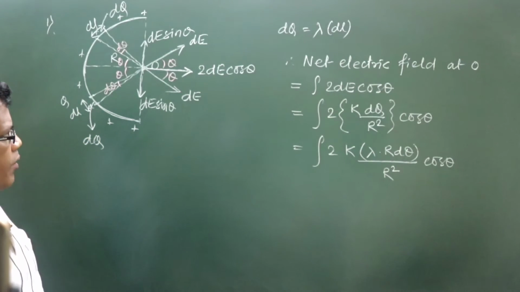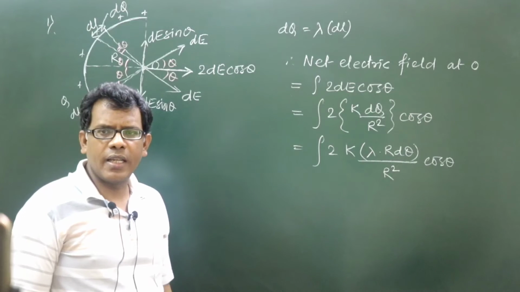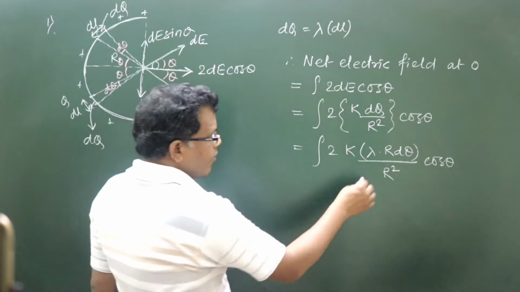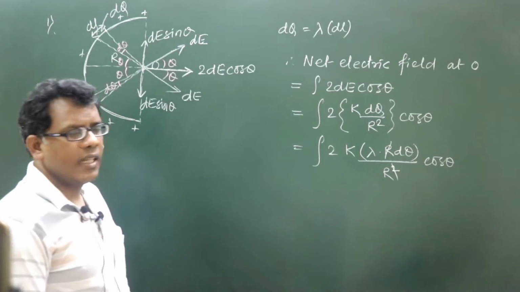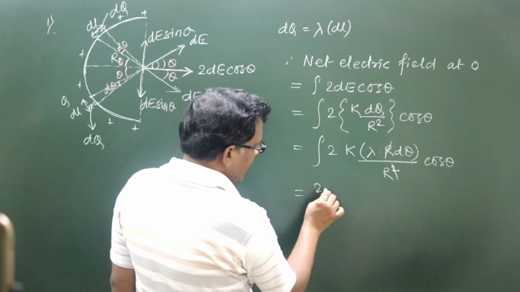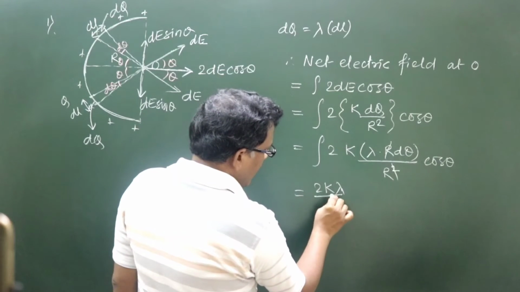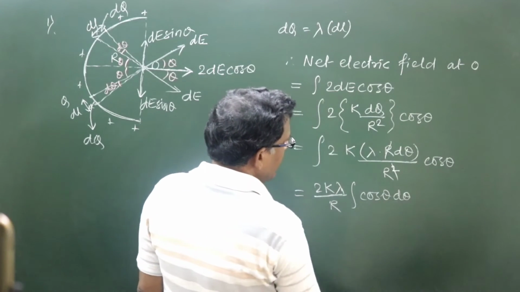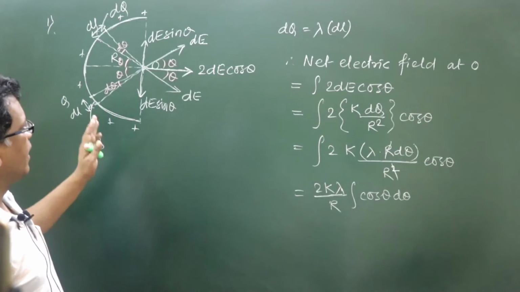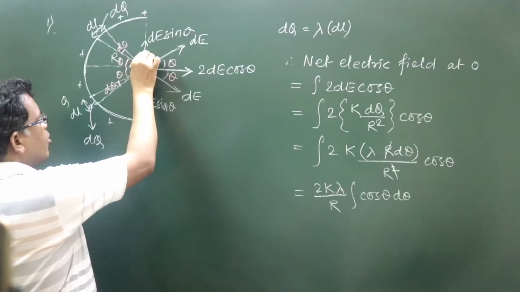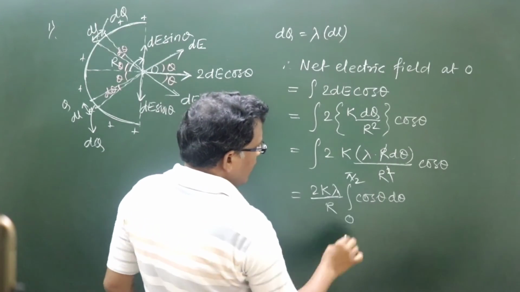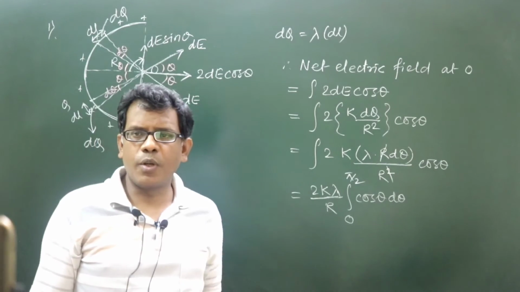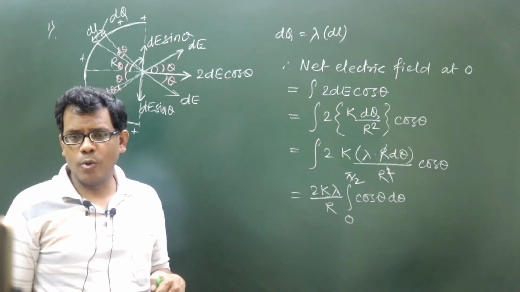dq was charge per unit length into length of the element, so lambda dl. What we have done is replace dl by r d theta, so one r can be cancelled out. So we get 2k lambda by r, and the integration will be done for cos theta d theta, where the limits of theta on one half will go from 0 to pi by 2, because we integrate over one half of the given geometry, since against each element its corresponding element on the other half is already included.